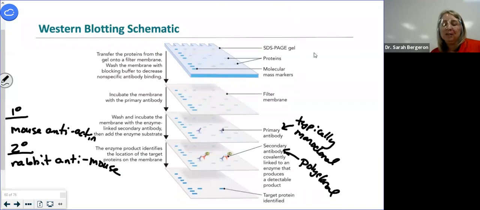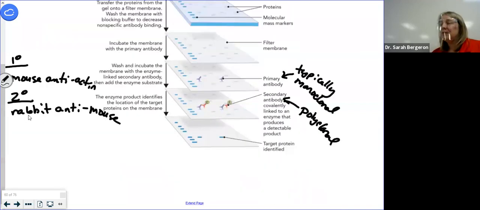Now the secondaries are a little bit special because not only is it a secondary, but it is also fused to an enzyme. And so if you put a substrate into your wash fluid that the enzyme that's attached to the antibody can recognize and metabolize, you can turn that substrate into a fluorescent product. So now, do you see how everything was lit up before?